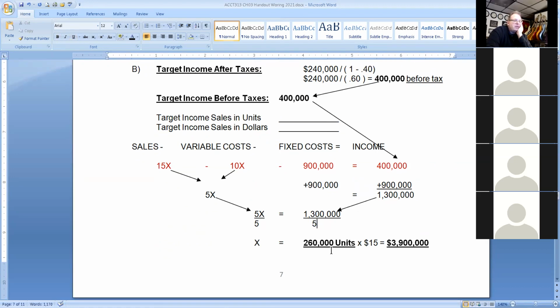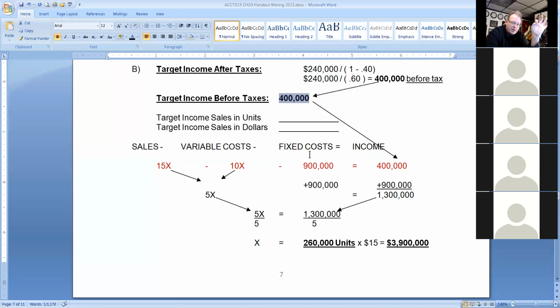Okay, so this is what it would take for us to have an after-tax income of 240,000, or to have a before-tax income of 400,000.